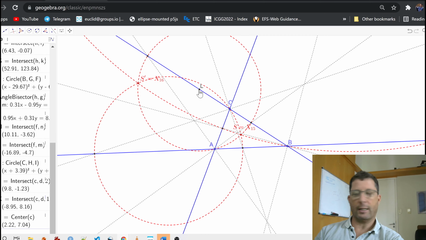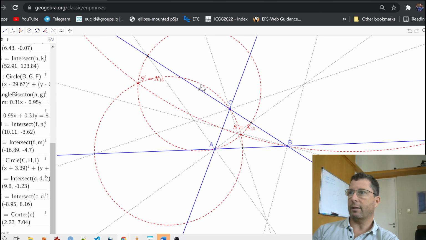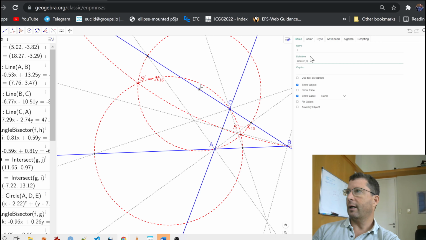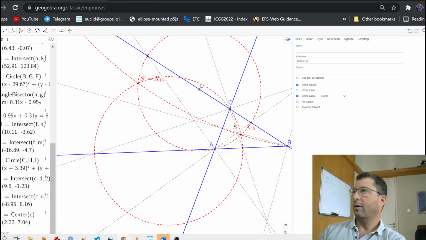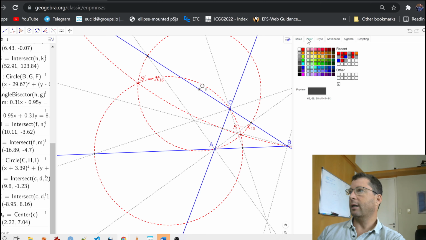It must lie on the sideline BC because that circle has as diameter the two intersections of the bisector at A with that side. I'm going to label this center OA, and make it appear with a red color.